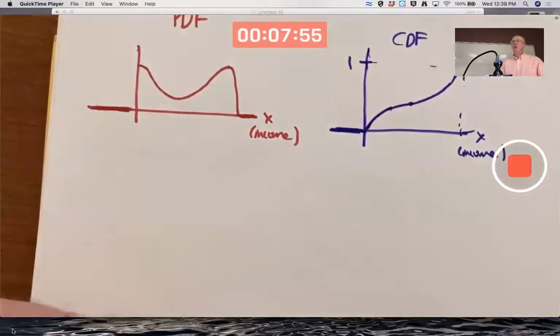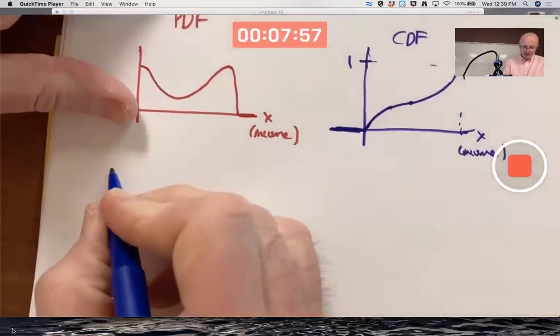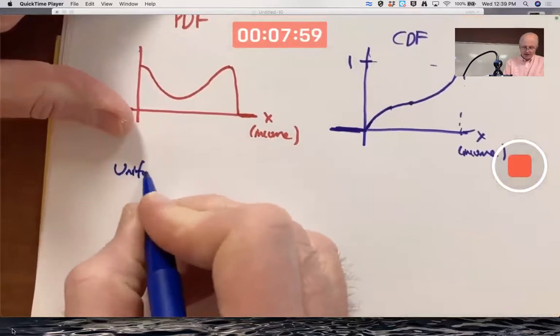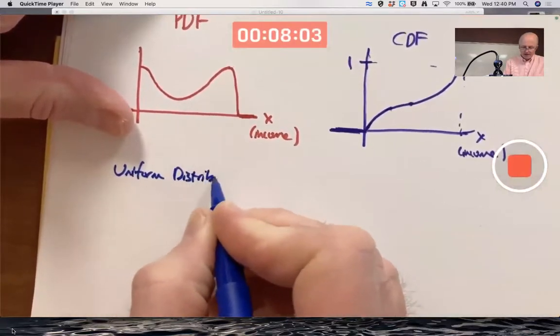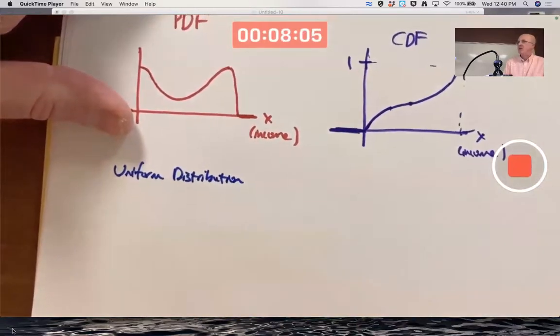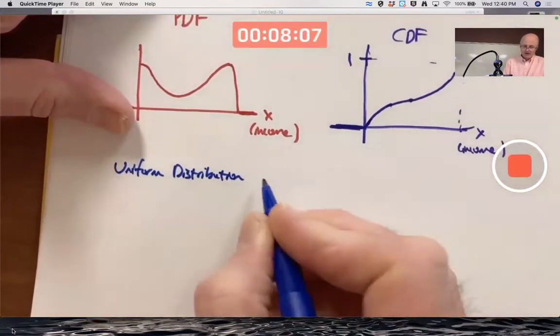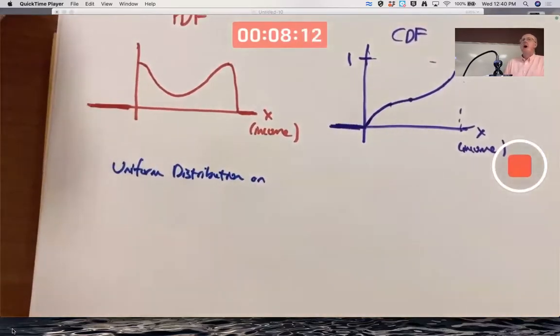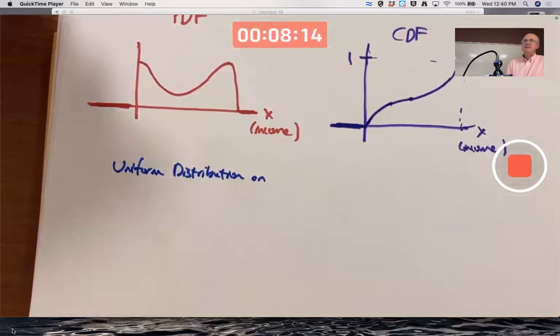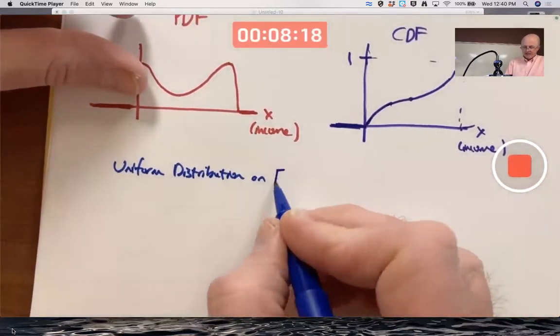The first example we're going to look at is what's called a uniform distribution. And you had some examples like this in the homework. On some interval here, now I could pick any interval that I want, that's finite at least. I'm going to pick a particular interval, let's say the interval from 0 to 10.